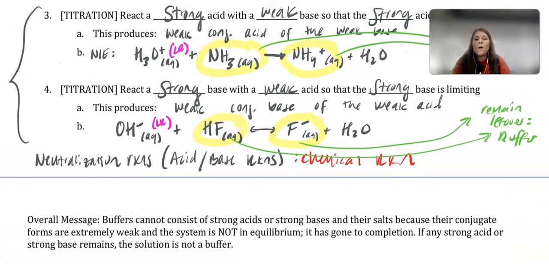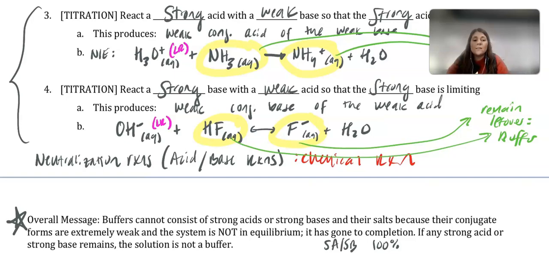Overall message though, buffers cannot exist of strong acids or bases and their salts because the conjugate forms are extremely weak and the system is not in equilibrium. It has gone to full completion because the strong acid or strong base 100% dissociates.